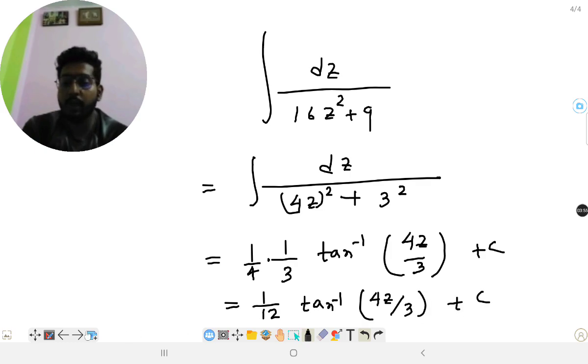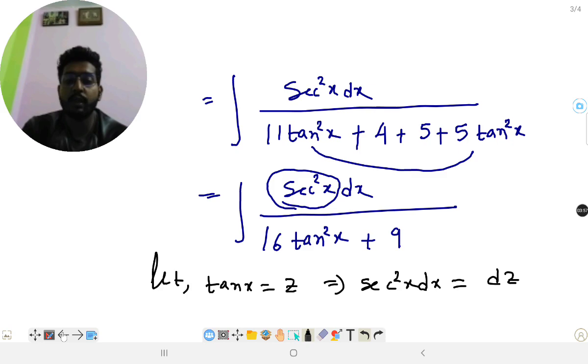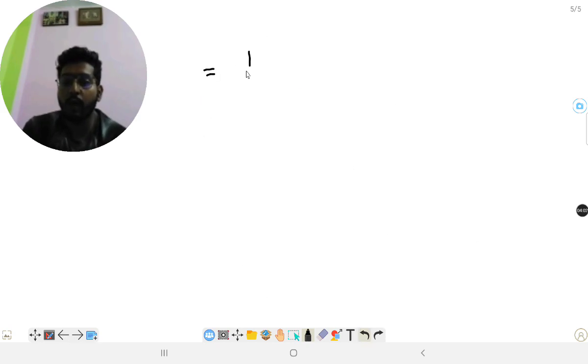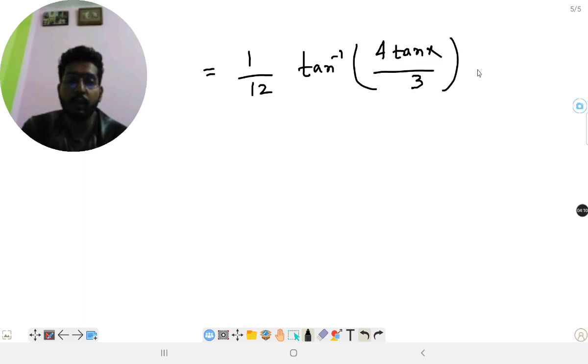Now what is the value of z here? The value of z is tan x, so it will be 1 by 12 tan inverse of 4 tan x by 3 plus c, so that will be the answer.